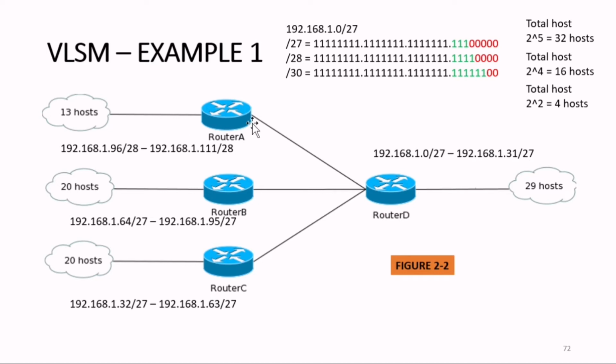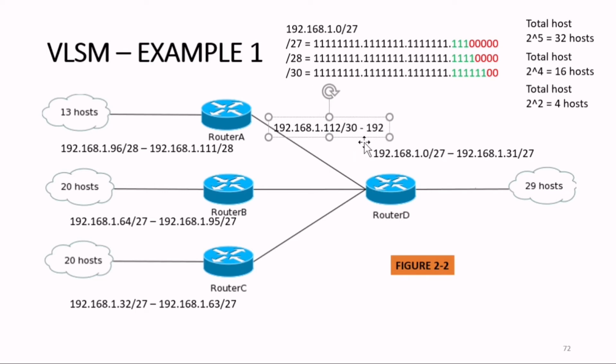So it fits with this connection here, and all these connections, router B to router D and router C to router D. So now we need to assign the IP address for the router connection. For this connection, we can assign 192.168.1.112/30. So this is the range.